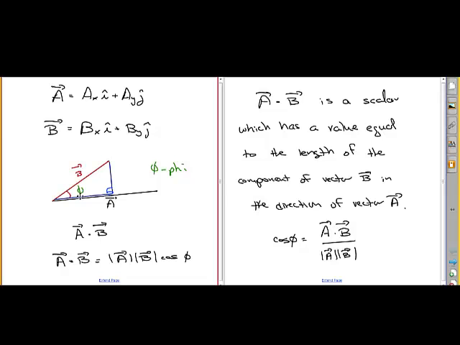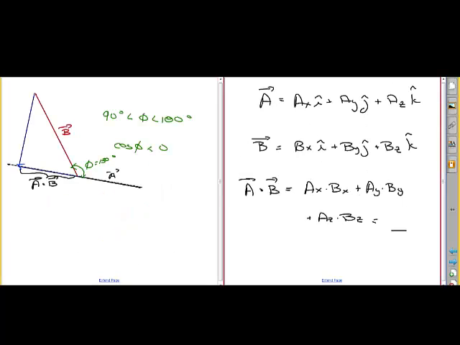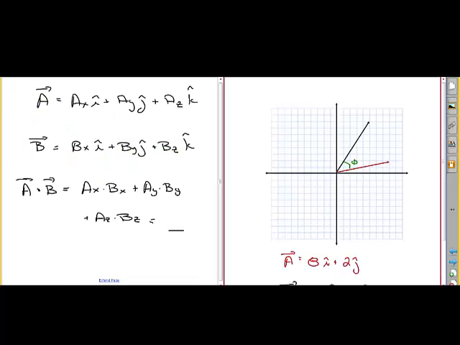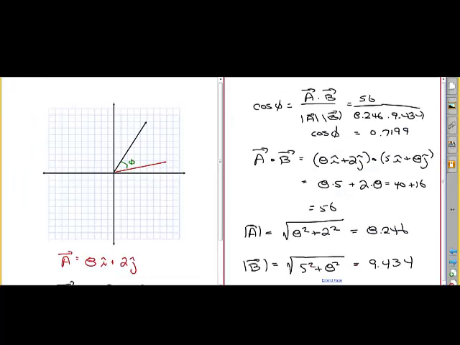The dot product is the length of the vector in the direction. To actually do the dot product, you multiply the components of the vectors together and add those products together. You get a number. It's a scalar, not a vector. There's also this relationship that relates the dot product and the magnitudes to the angle between the two vectors.